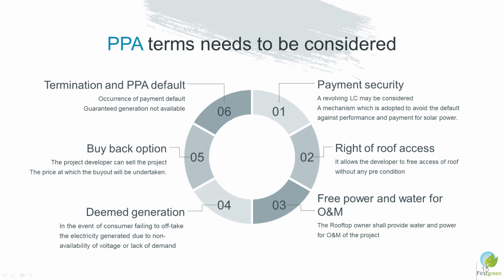If I am available to generate and you are not able to consume, it is a lost opportunity for me, and this will affect my profitability. So the deemed generation is a very important clause. This should be explained to any C&I consumer before you sign off the PPA.